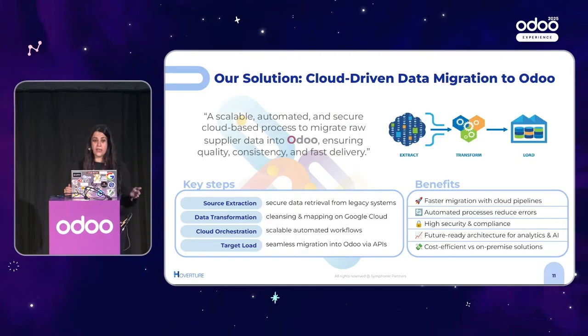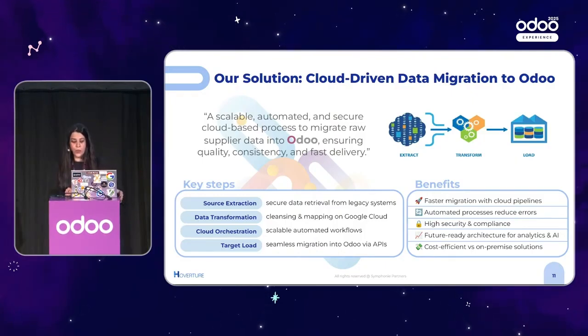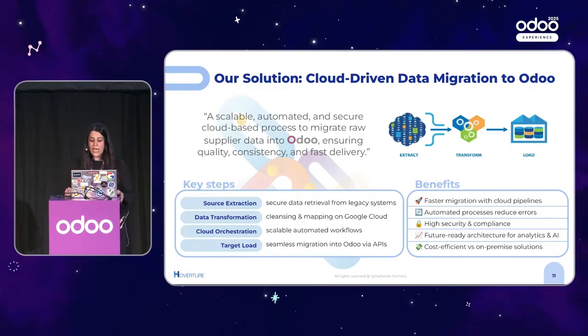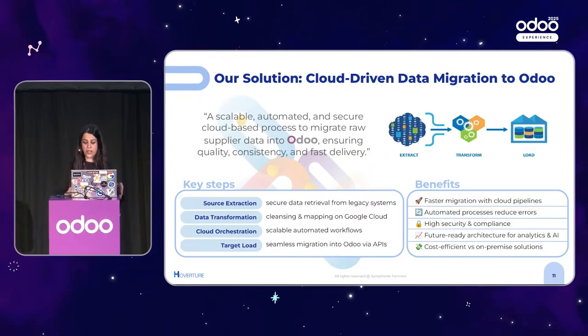You can automate the process, and this reduces the errors that you can make if you have something very fragmented and without automation. And of course, you can have a future-ready architecture for analytics and AI. Last but not least, this kind of solution based on cloud and not on-premise is also cost efficient.